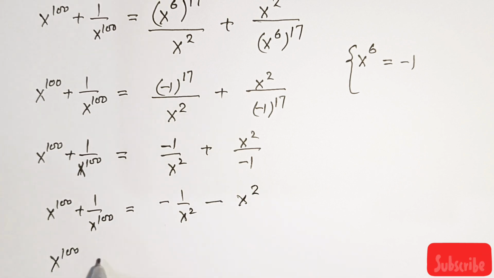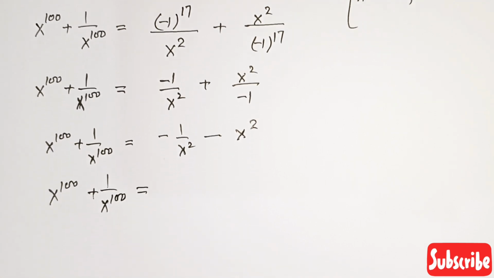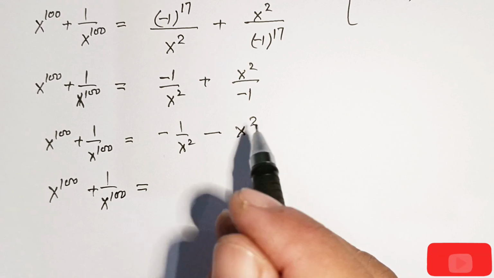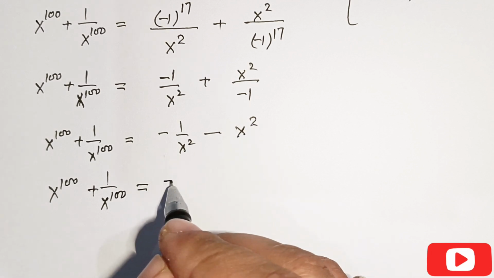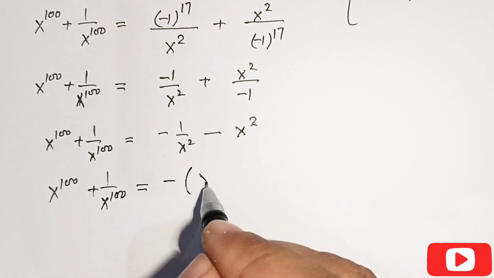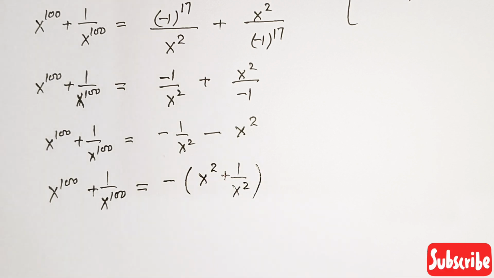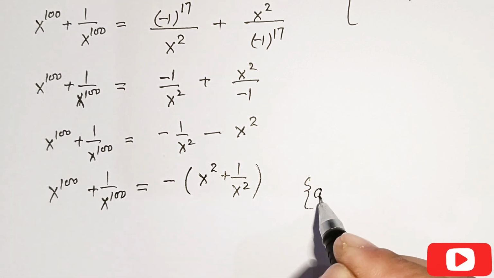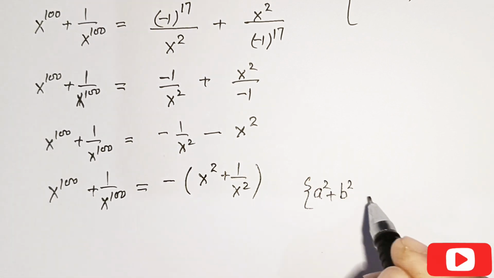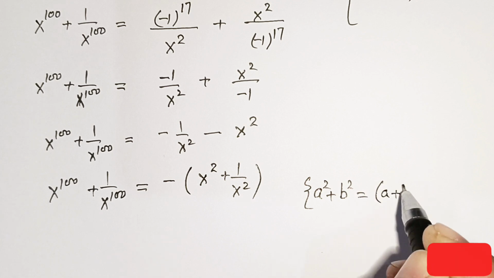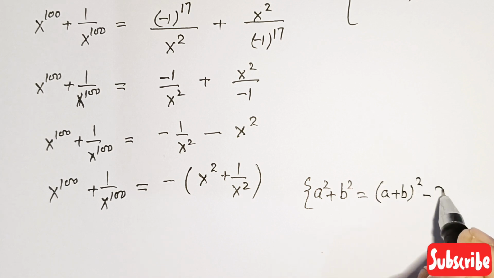So by taking minus common, we write x squared plus 1 over x squared. Now by using an algebraic identity, as we know that a squared plus b squared is equal to a plus b whole squared minus 2 times a times b.